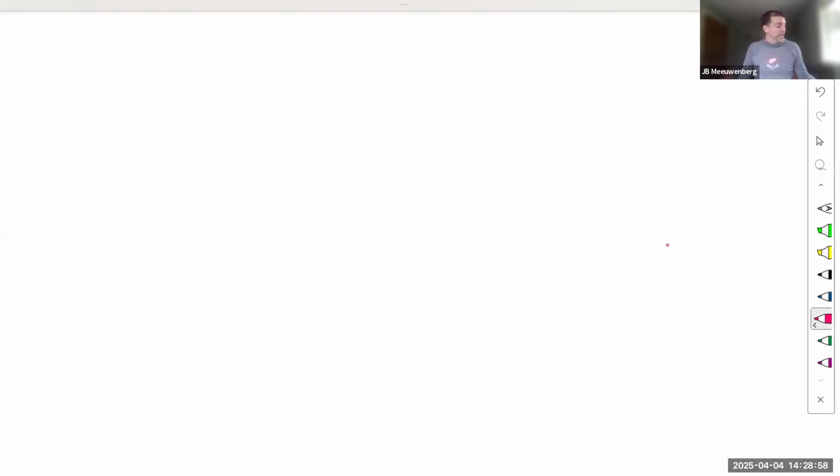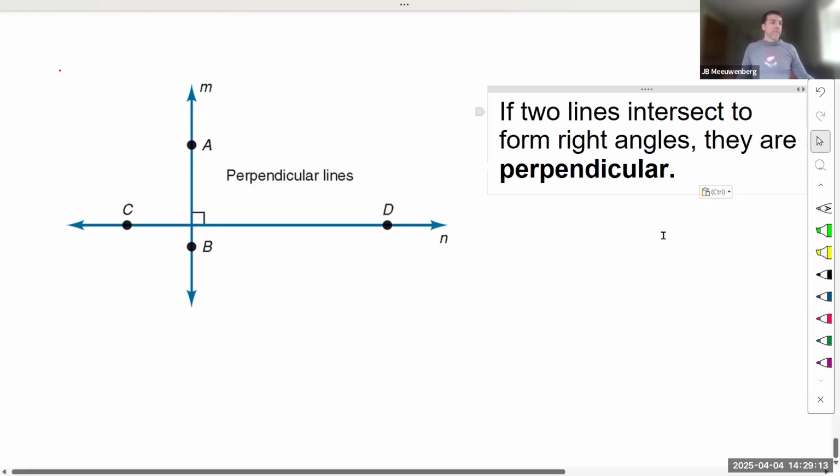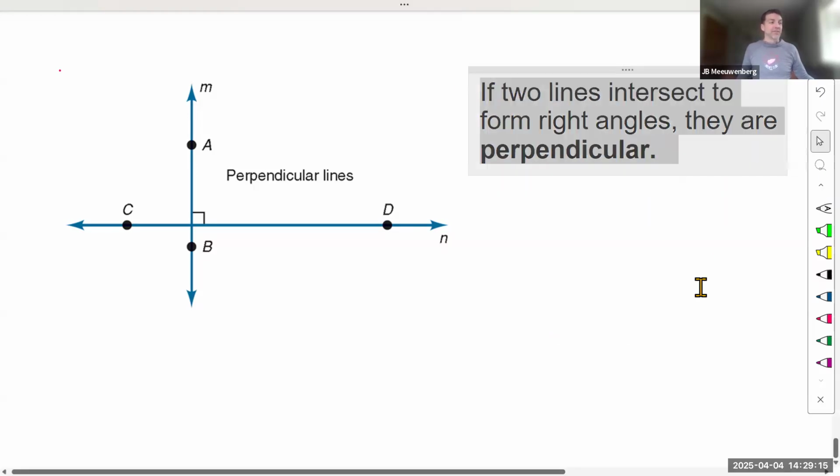The next thing we will discuss is another type of line combination, and it's perpendicular. If two lines intersect to form right angles, they are called perpendicular. Perpendicular lines meet at a right angle.